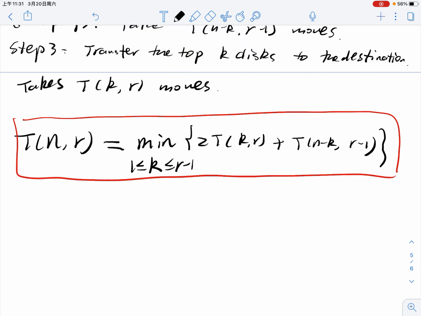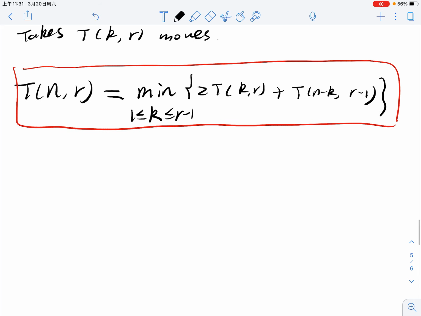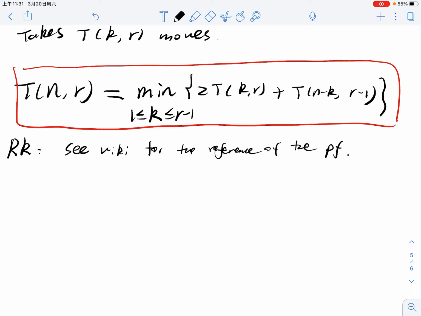Okay, the algorithm is pretty clear, but this result was found only very recently. I don't know if the proof is correct, but you can see Wikipedia for the reference of the proof. Because our algorithm didn't actually show that from this procedure you do have the minimum T(n, r).